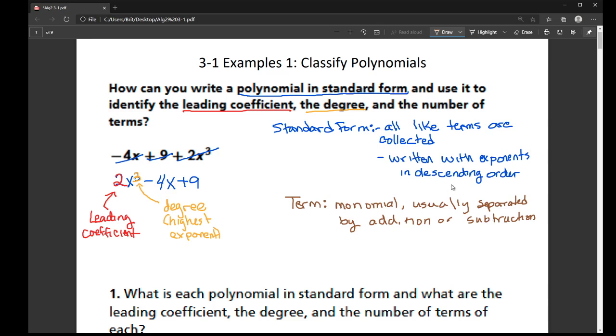So when we talk about the number of terms, we are talking about how many things are being separated by addition or subtraction. So there's 1 term, 2 terms, 3 terms. This expression has 3 terms.